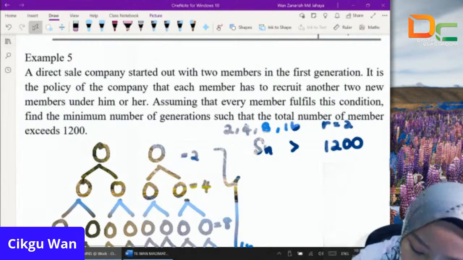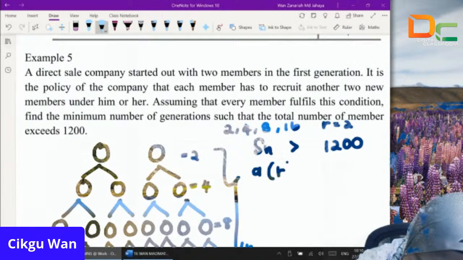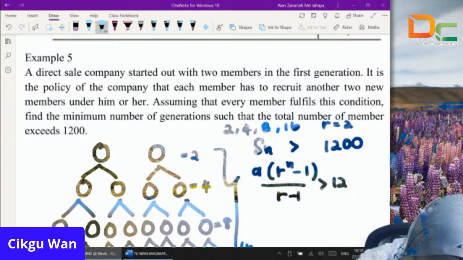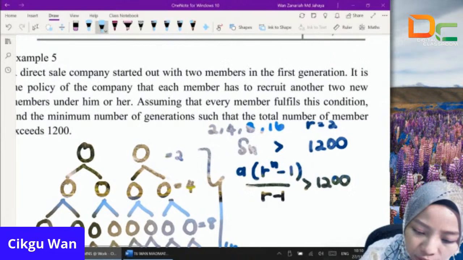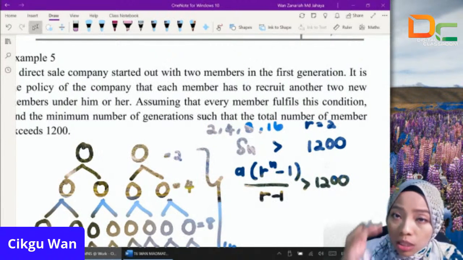So a(r^n minus 1) over r minus 1 is greater than 1200. We will substitute all the values here.